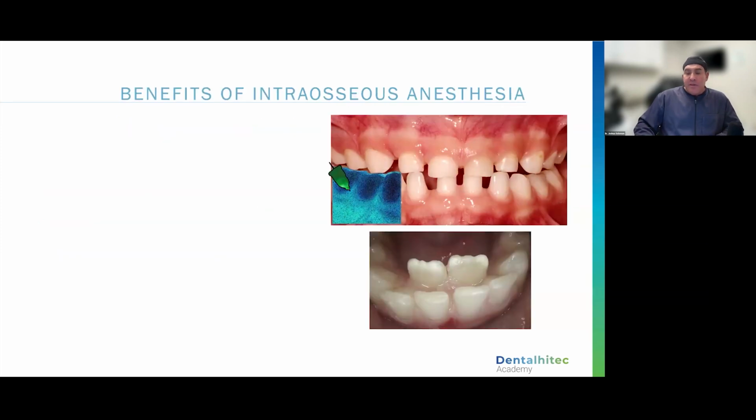So why do we do this? And why do I think that the administration of local anesthesia via the intraosseous delivery method really should be the standard of care for any pediatric dentist? I'm careful when I say painless, because no matter what unit or what procedure or what device you're using, we can't guarantee to parents that the child isn't experiencing any type of pain or anything uncomfortable.